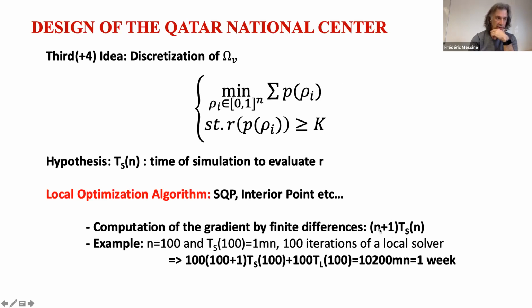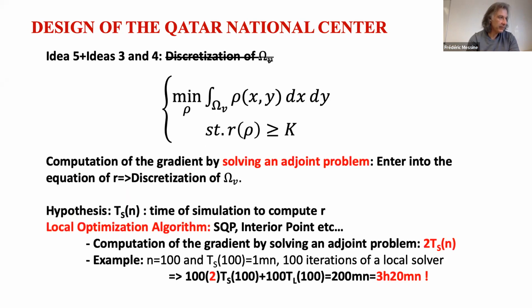Of course, maybe you need 100 iterations of the local solver, but that will be the same if you have 200 variables or 100 variables or maybe 1 billion variables. So if you want to solve a problem with 200 variables using this technique, you will need 2 weeks. That will not be the case for a genetic algorithm because you will search for a solution in a very, very huge space.